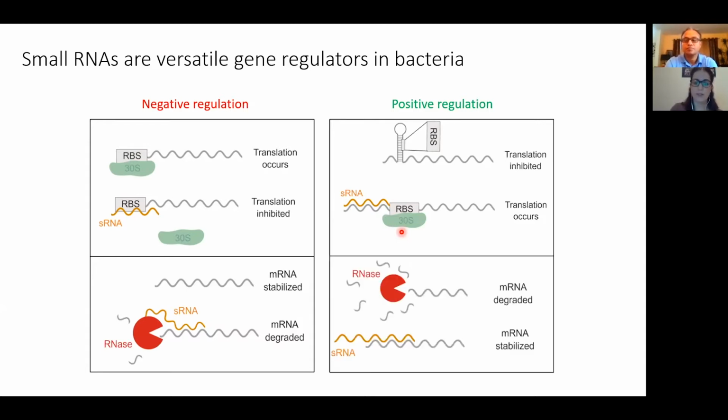And again, going back to the RNA decay example, sRNAs can help to stabilize mRNA transcripts, for example, by base pairing in such a way that blocks sequences that the RNases would otherwise recognize. These are really just a few examples of mechanisms of sRNA function, but they typically do perform these functions at the post-transcriptional level.